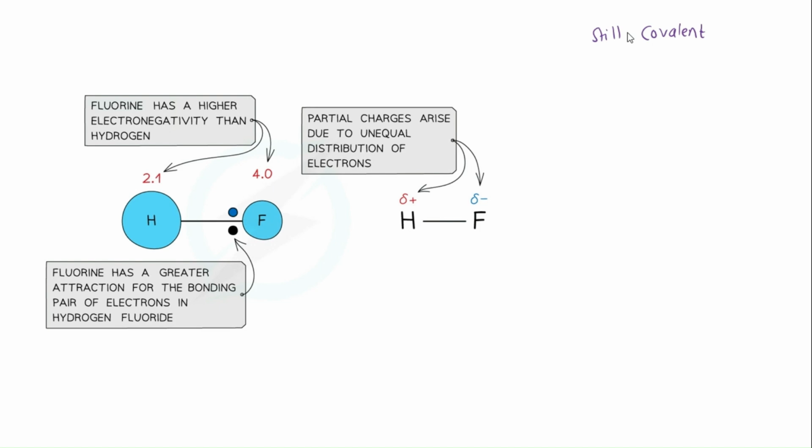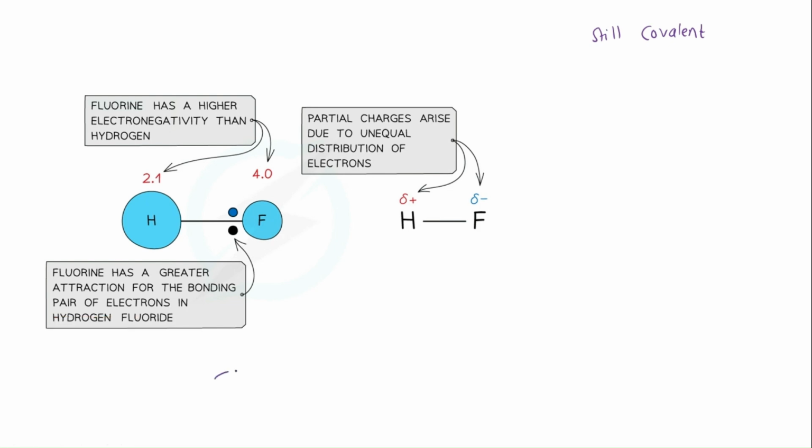Let's get into the example of a covalent compound, that is hydrogen fluoride. In hydrogen fluoride, you can see here that hydrogen has an electronegativity of 2.1, while fluorine has an electronegativity of 4.0. It means that fluorine has greater attraction for electrons. So when they make a covalent bond with each other, fluorine will have this shared pair of electrons towards itself like this.